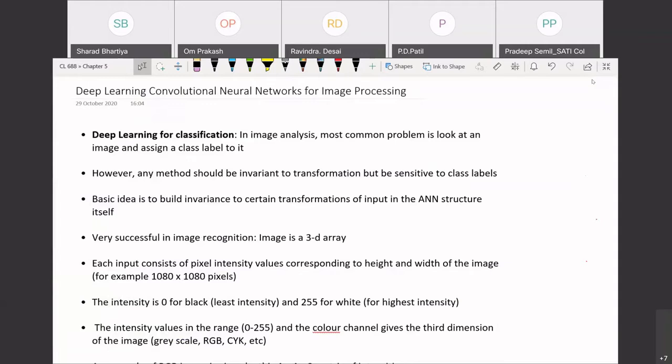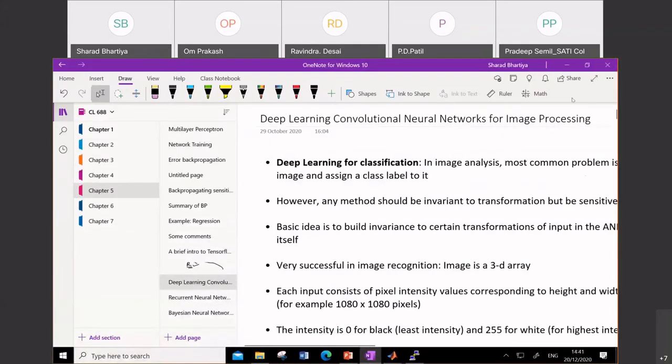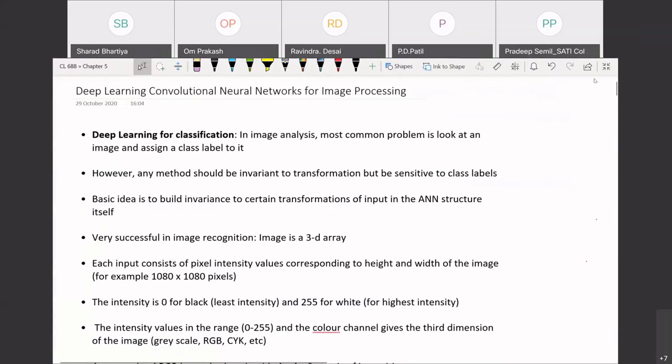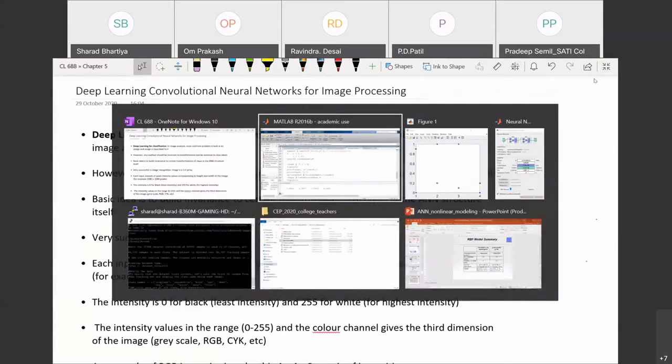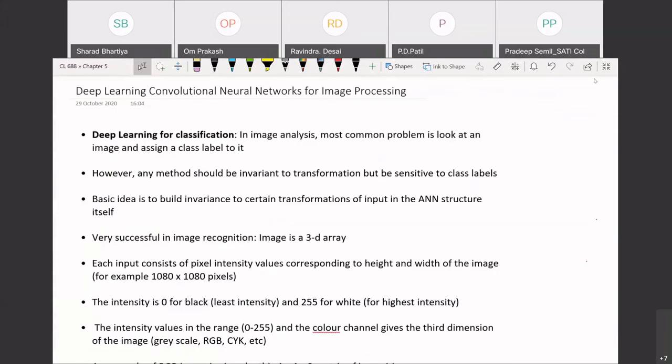So CNN networks really became very popular for image processing.